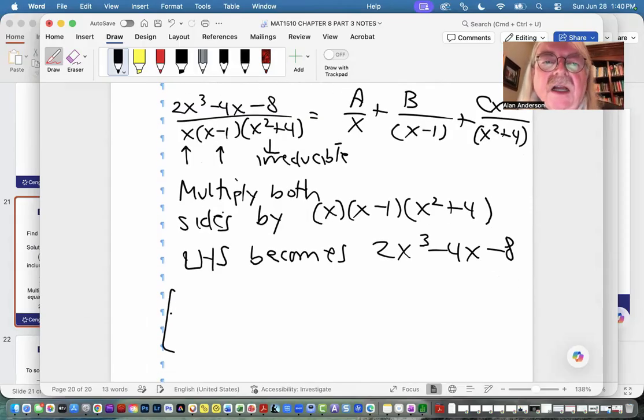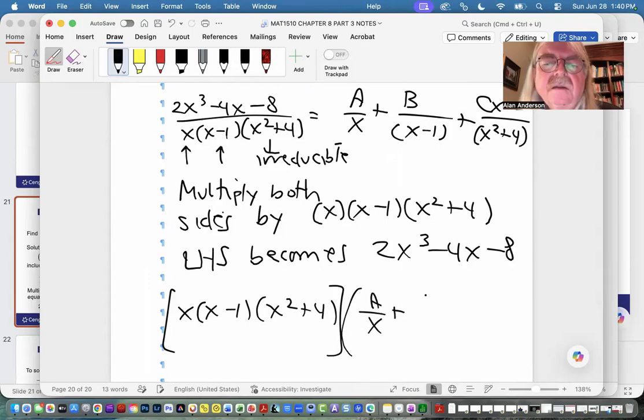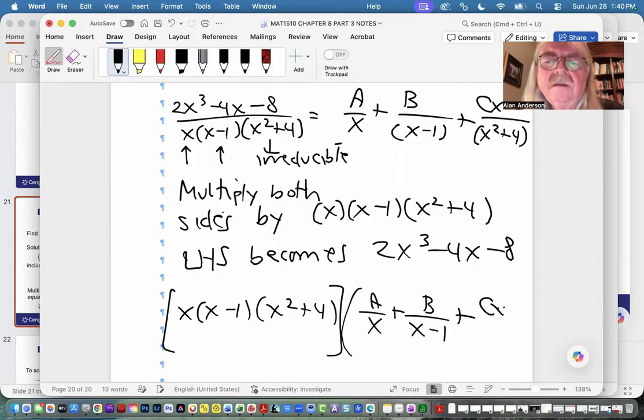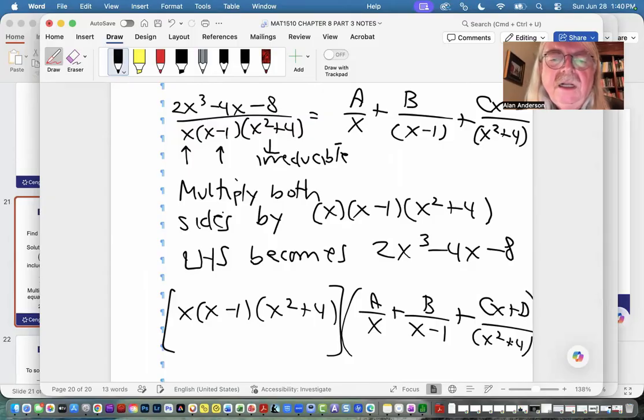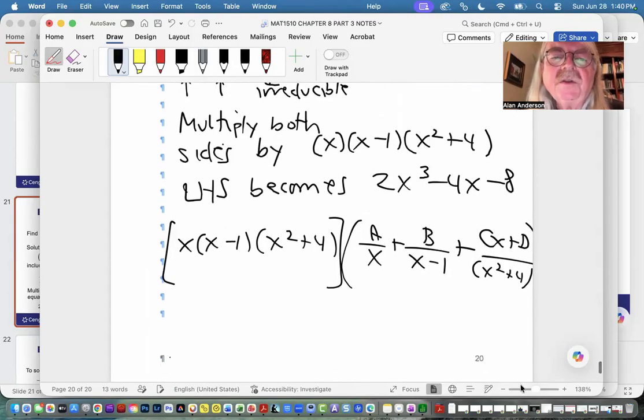Well, we're going to get a lot of simplification. And so, in other words, when you do multiply this out, the x's will drop out for the a term.